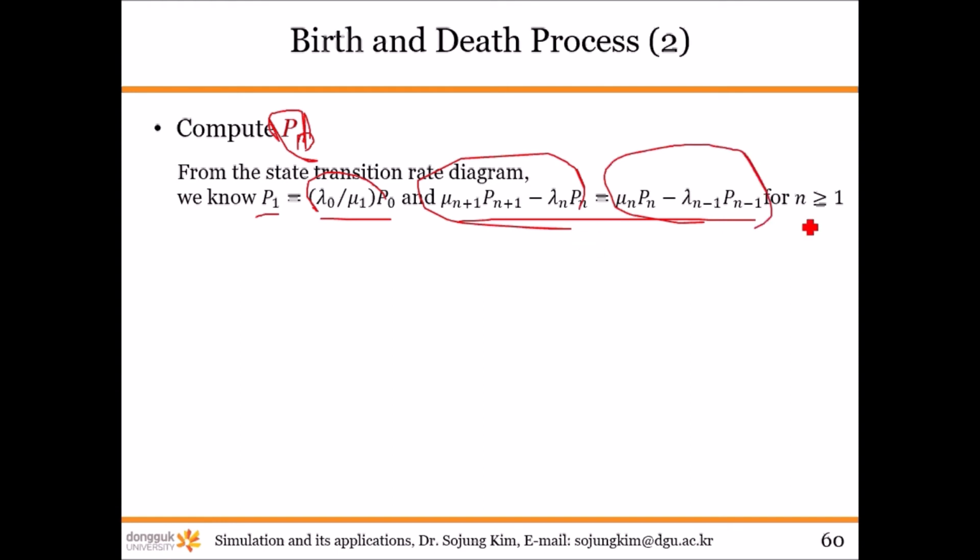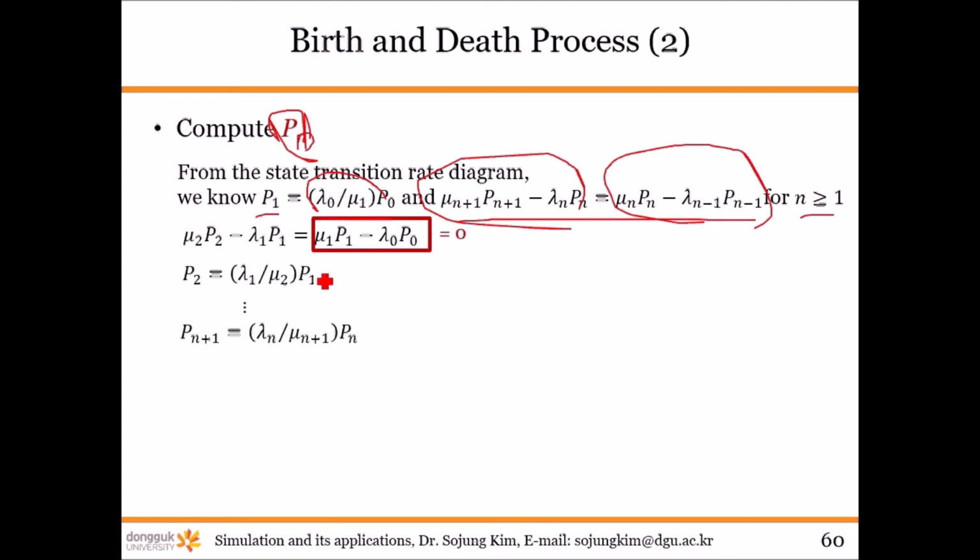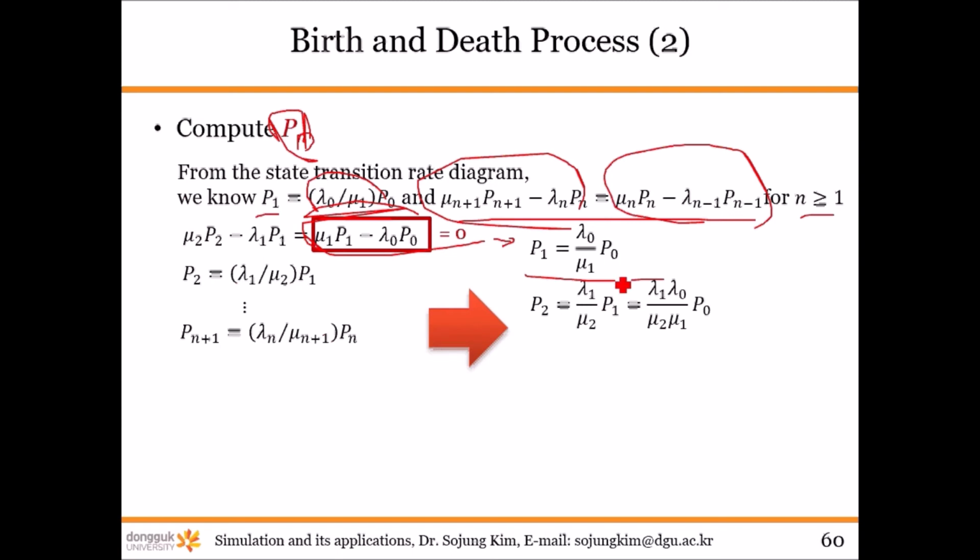So for n greater than or equal to 1, basically you can rewrite all the equations, and then based on this, you can get this kind of relationship, and then change the term, right, like this?